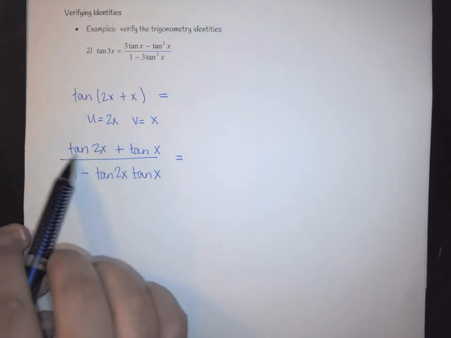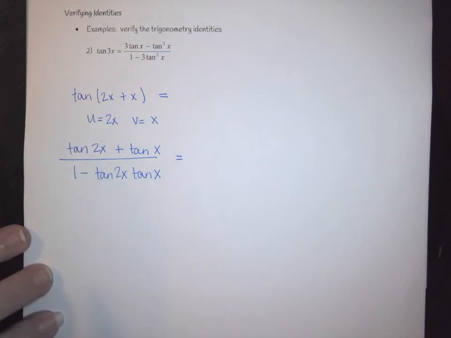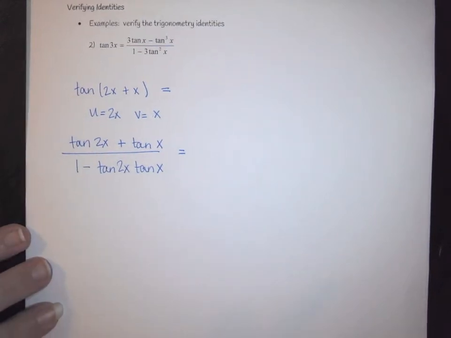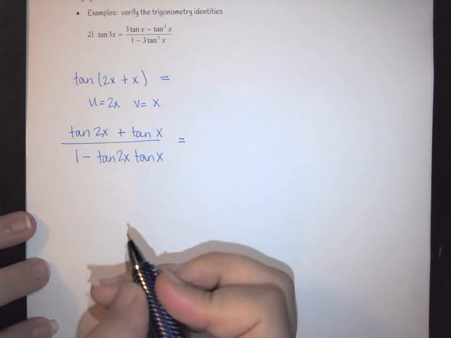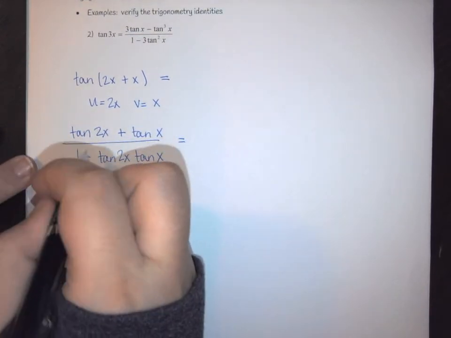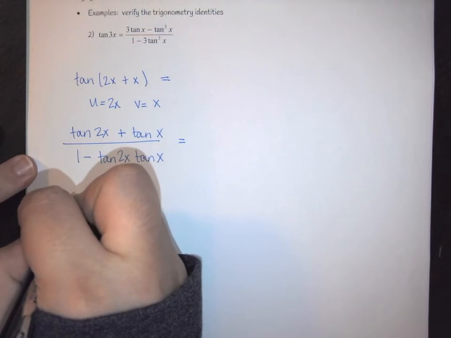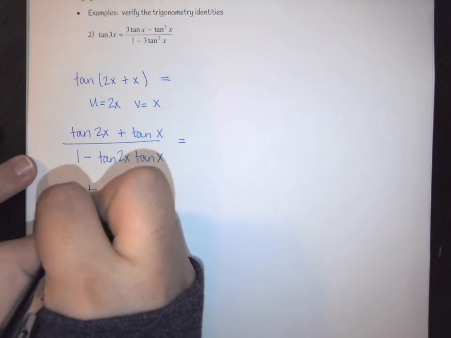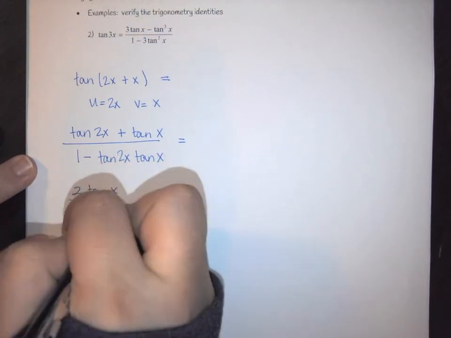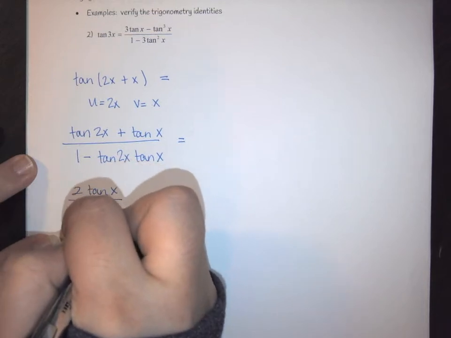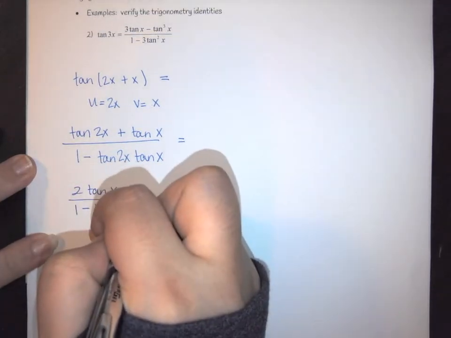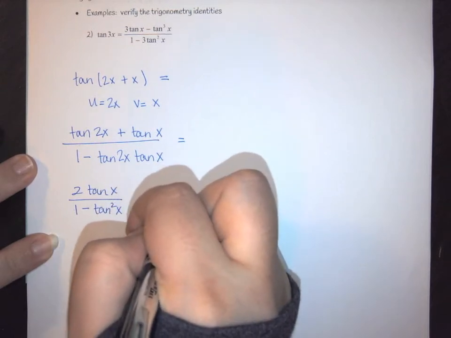Now I have this double angle piece, and so I'm going to go ahead and use that. With my double angle, I'm going to use the tangent version. So I'm going to turn this tangent of 2x into 2 tangent of x over 1 minus tangent squared of x, and this is still plus the tangent of x.